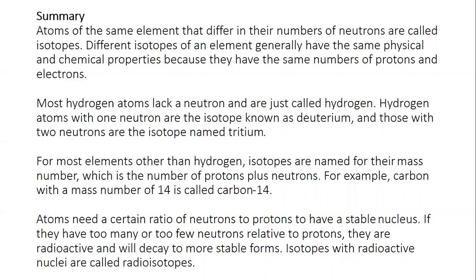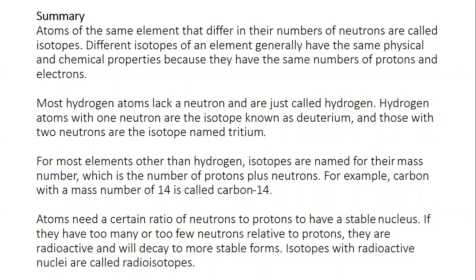Hydrogen atoms with one neutron are the isotope known as deuterium, and those with two neutrons are the isotope named tritium. For most elements other than hydrogen, isotopes are named for their mass number, which is the number of protons plus neutrons. For example, carbon with a mass number of 14 is called carbon-14.